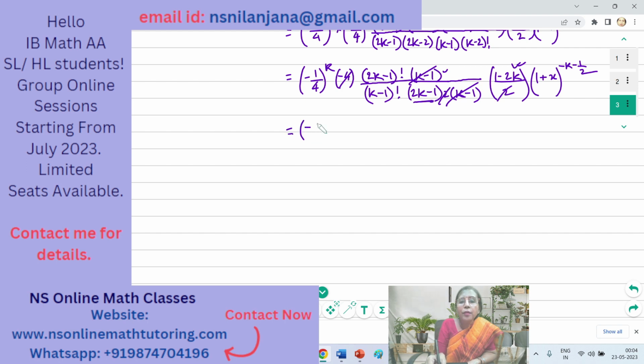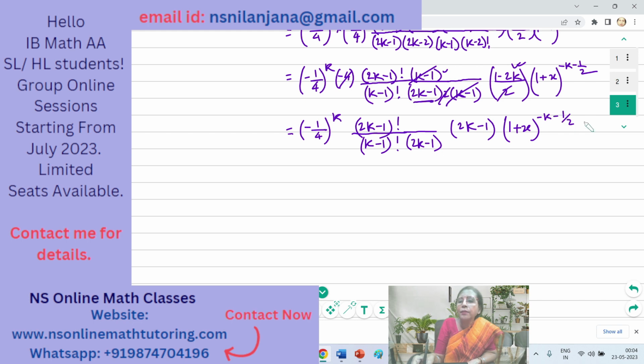negative 1 over 4 to the power of k, 2k minus 1 factorial over k minus 1 factorial times k minus 1. And this will also be 2k minus 1 because negative of 1 minus 2k is 2k minus 1. And 1 plus x to the power of negative k negative half.